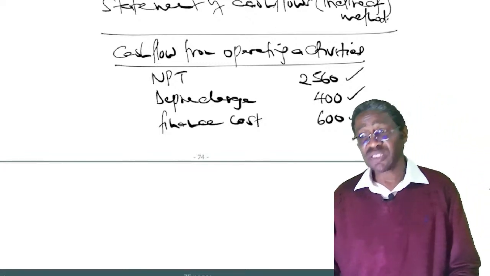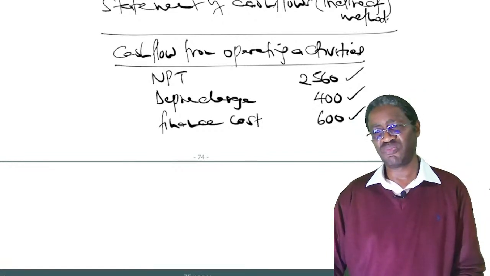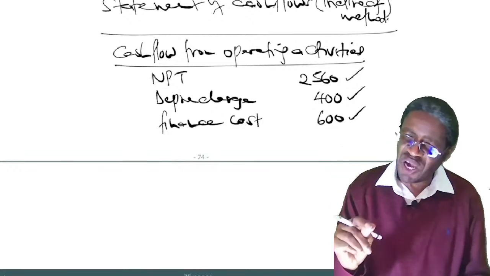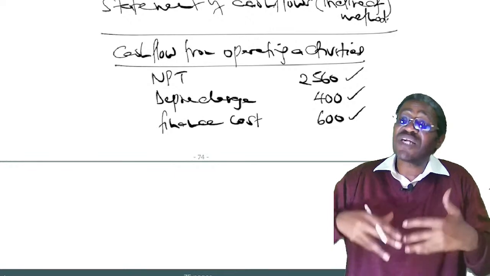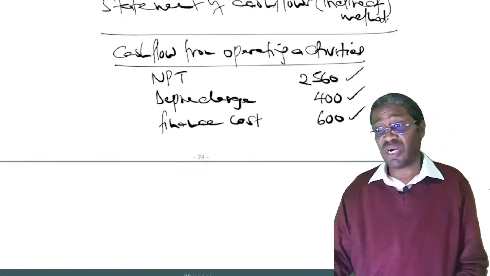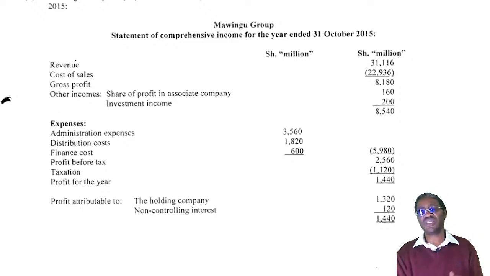Where do we start? You can start with the income statement that the examiner has given to you. To get this 2560 profit before tax, is there any non-cash item that is included in that income statement? That's what I want to find out. So we look at this income statement.